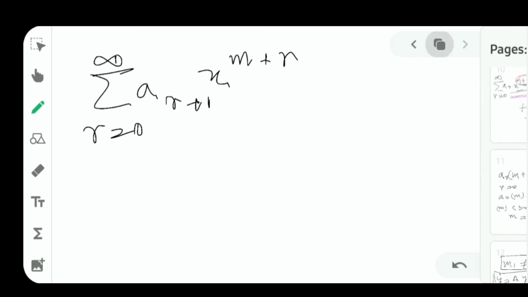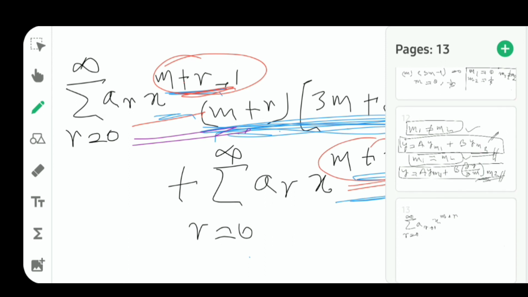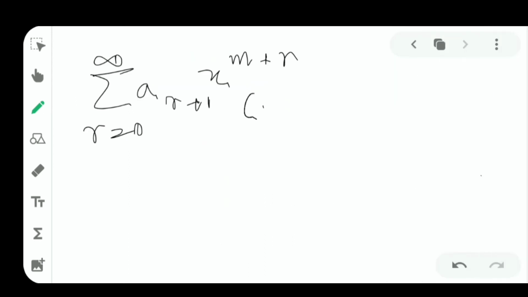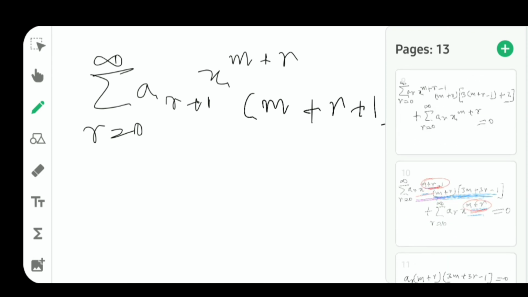If you put r plus 1 here, it will be m plus r, and the total term we get will be m plus r plus 1.